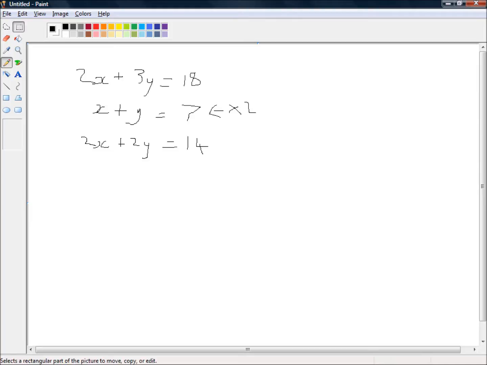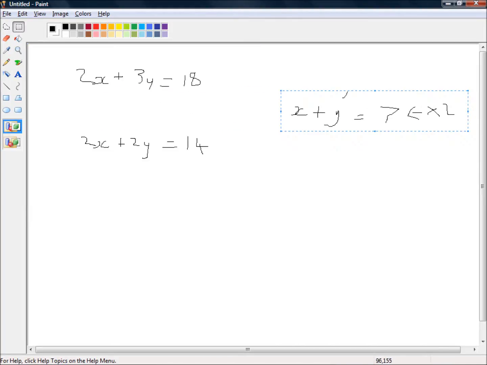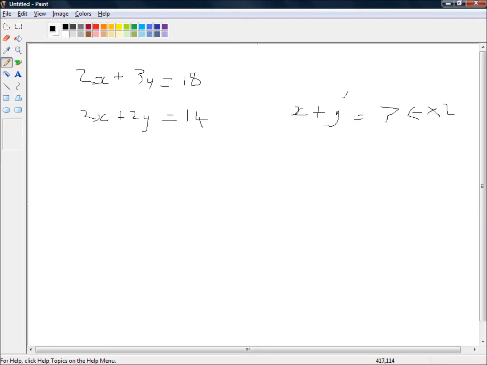And now, if I just quickly take that one out of the way, and now if I subtract these equations, 2x minus 2x is 0, so the x's disappear. 3y minus 2y is just y, and that's equal to, well, 18 minus 14 is 4.